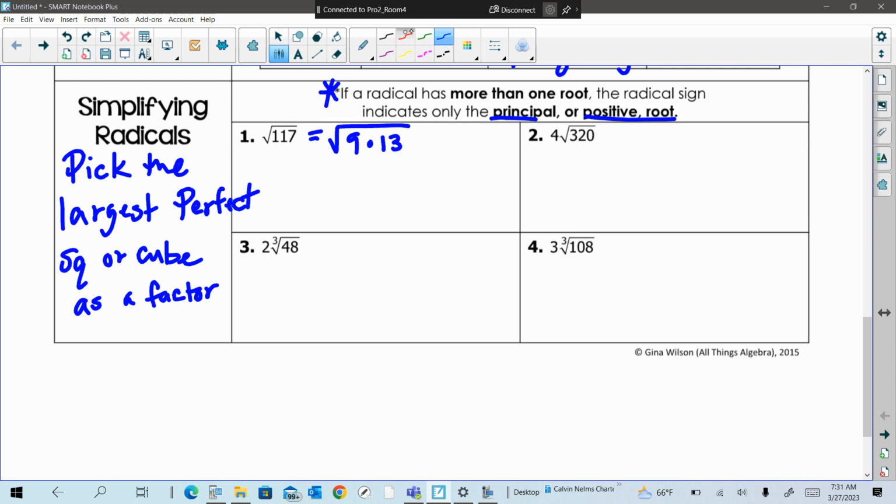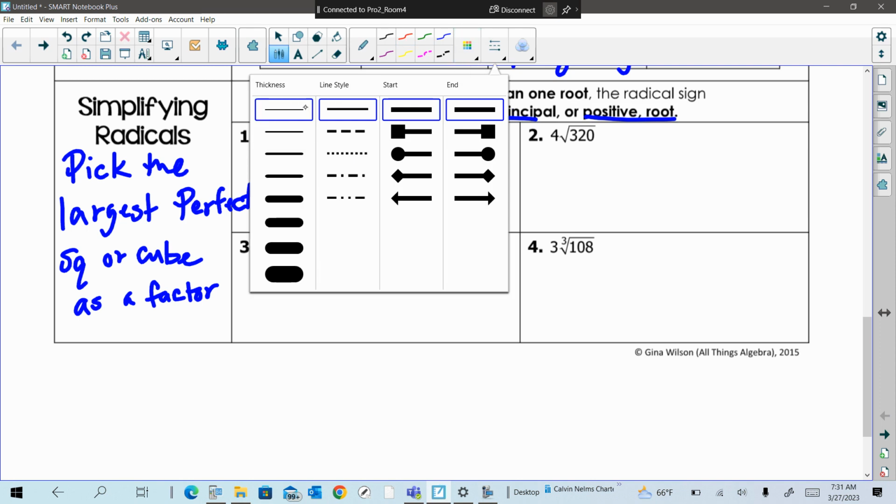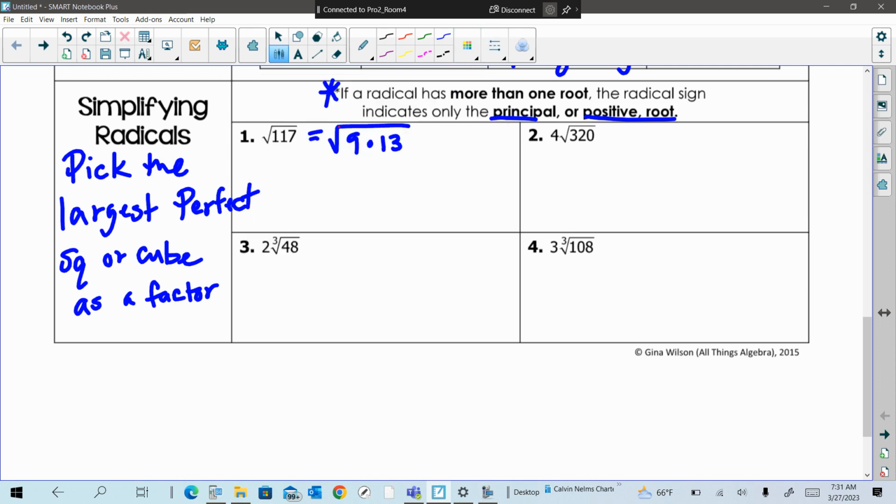Then, so I know which one is the perfect square, I square that number. This tells me that this number is going to be gone, and it's going to come out as the square root. When I take the square root of 9, it's 3. And the one that's not a perfect square stays underneath the radical. So the 3's outside, then the radical symbol, and 13's inside the radical. And this is the simplified answer.